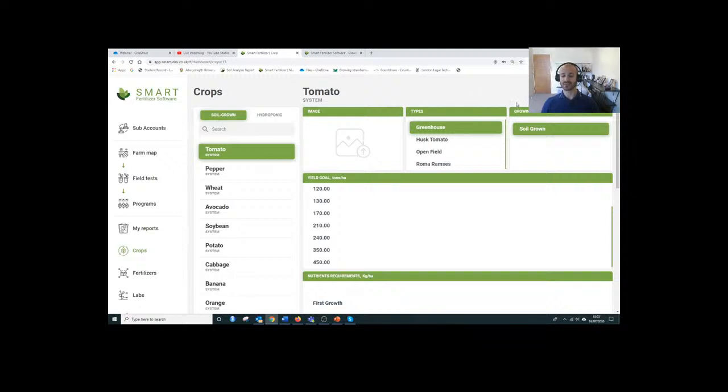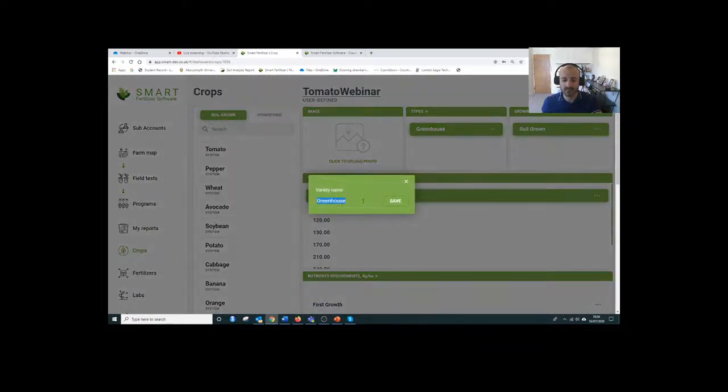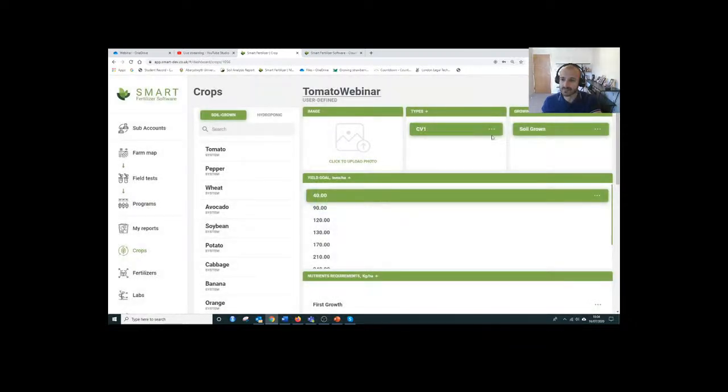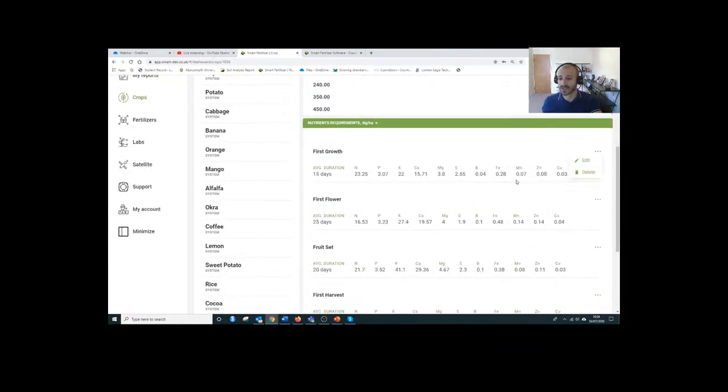And this is basically creating an editable copy of tomato. As you can see, tomato new is created, and I can edit it. So I can call it tomato webinar. I can save it, and I can basically edit everything. I can edit the name, I don't know, cultivar 1. It's in soil. I can change the yield goals, and especially the nutrients required.